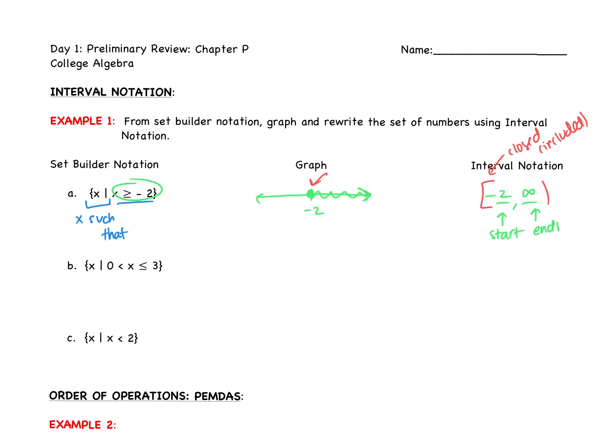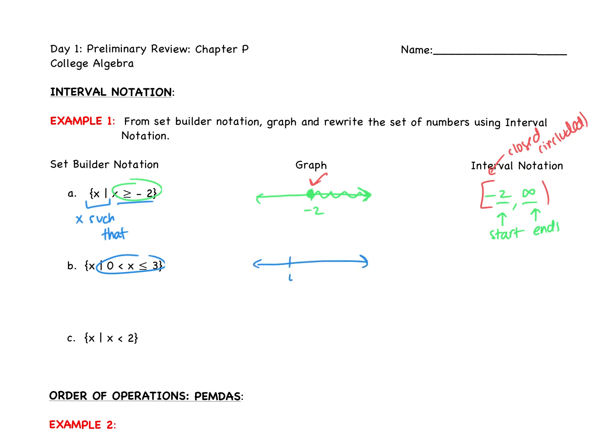Okay, in B, similar idea. This is red. X such that a number is between 0 and 3. Again, when you're going to graph it, all you care about is the inequality. That's it. The x such that, we don't care about that.